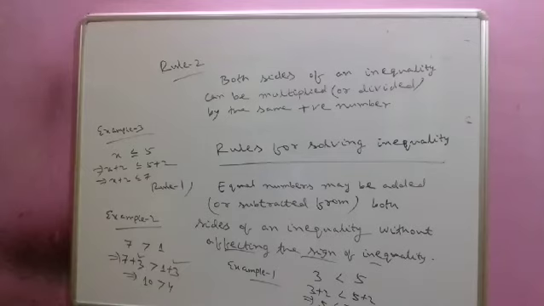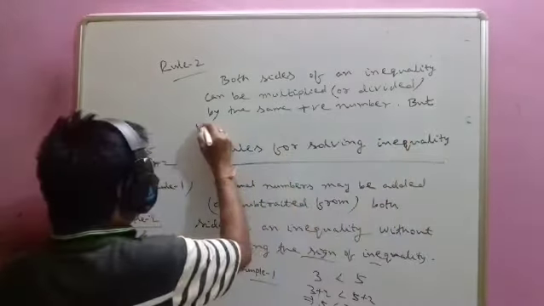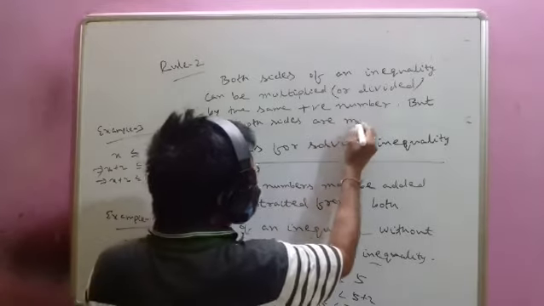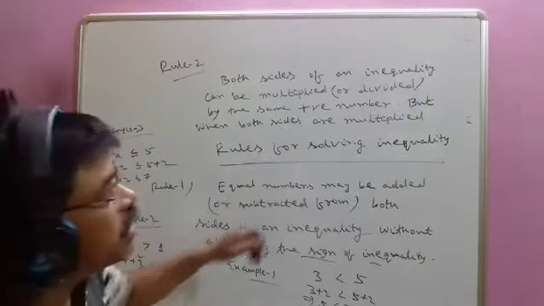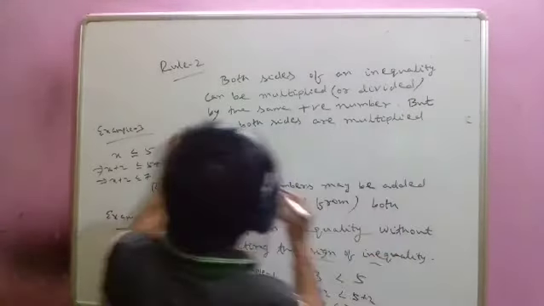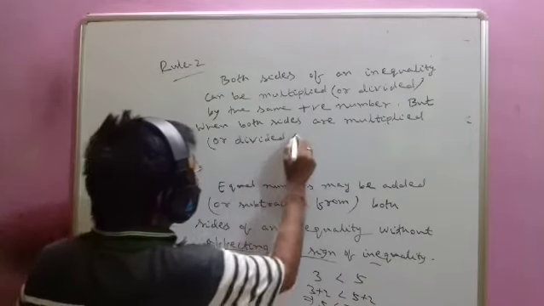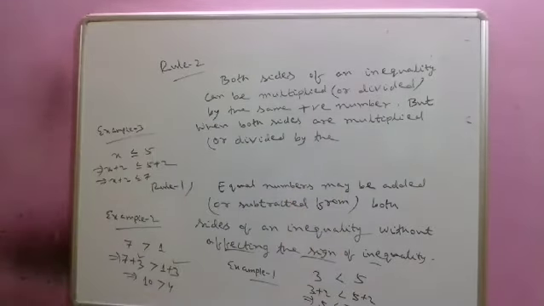But when both sides are multiplied or divided by a negative number. Why do you write by negative number?